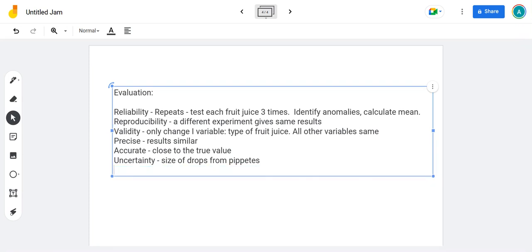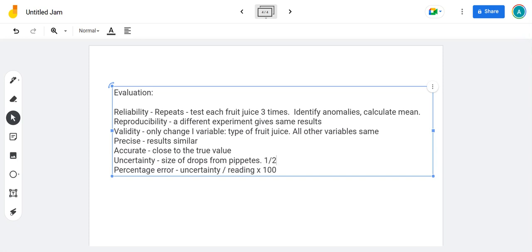The last one that isn't on here is percentage error. And your percentage error is your uncertainty. So it's basically a calculation. Your uncertainty divided by the reading, so you can work it out for each reading, times 100. So say we had used a burette, then we could have worked out the uncertainty.